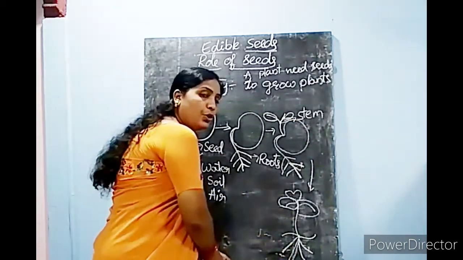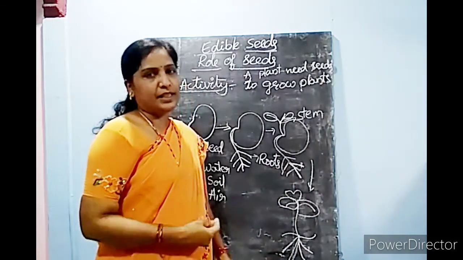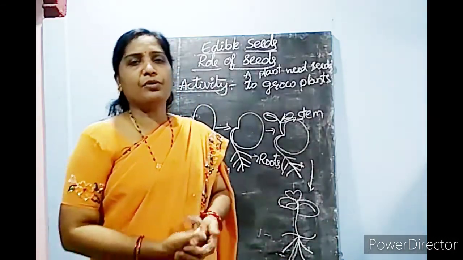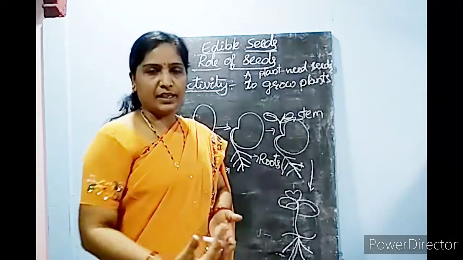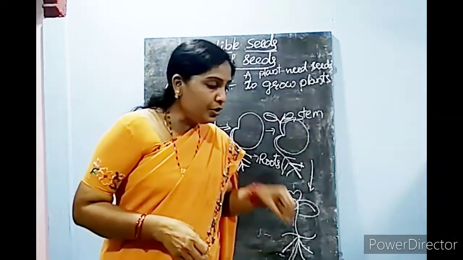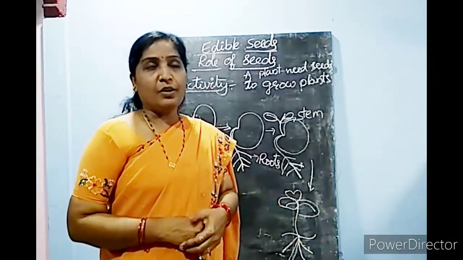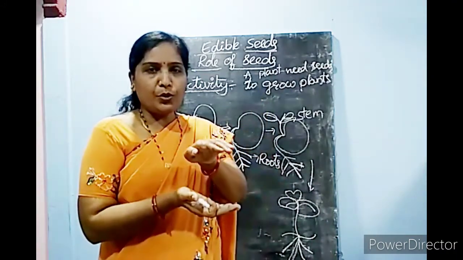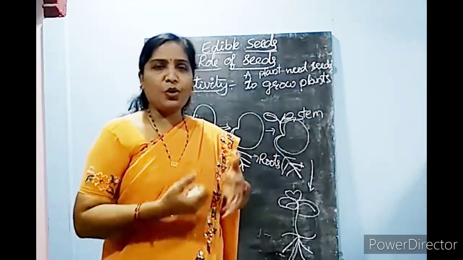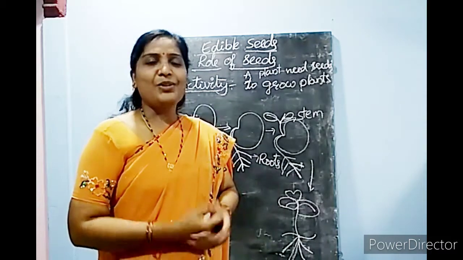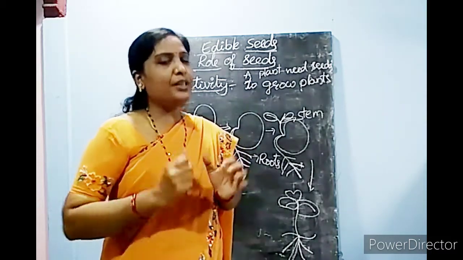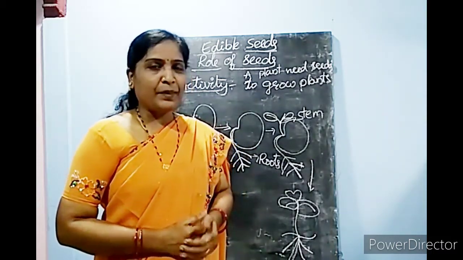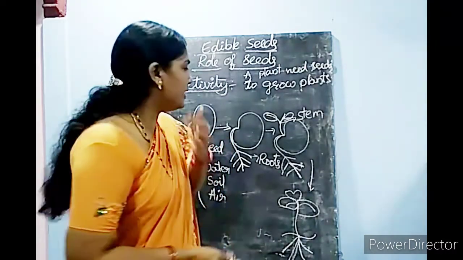Imagine that you are an apple seed or any seed, whichever fruit you choose. If you are sown in the soil, what else do you need to grow into a baby plant? You already know the answer, right? So write that answer in your own words. That is your home assignment, children.